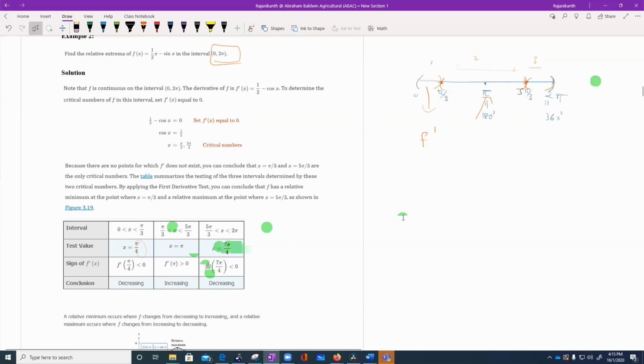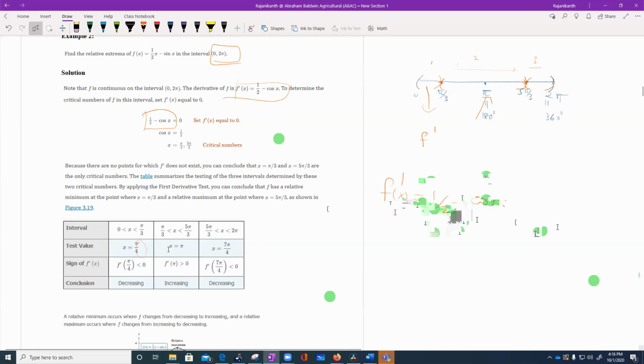You could use either a calculator or any kind of software to figure out the first derivative values. Remember, my first derivative for this problem is half minus cosine x. Now plug these three test values into this function and check the sign, whether you are getting negative or positive.